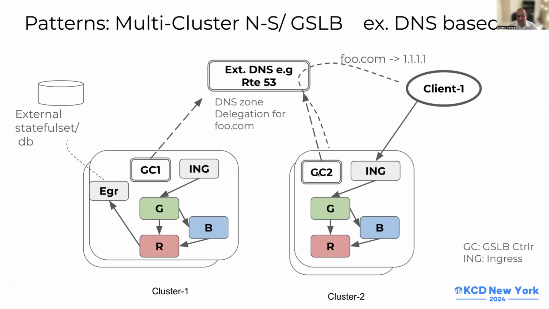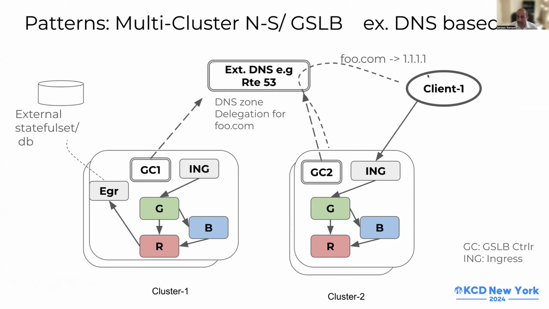What this does is the controllers communicate among themselves and program an external DNS. Perhaps that is AWS Route 53, for example, with a particular URL or DNS zone delegated to these clusters or these controllers themselves. So these controllers are actually acting as the authoritative DNS resolvers for particular application domains.